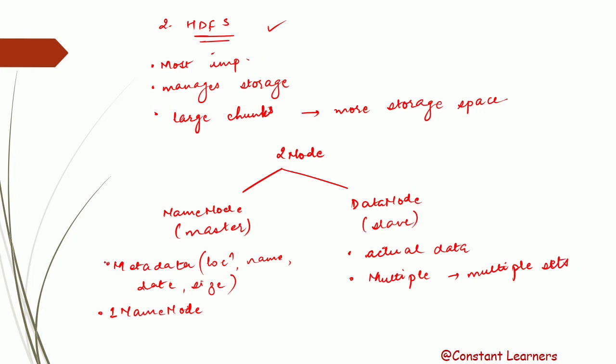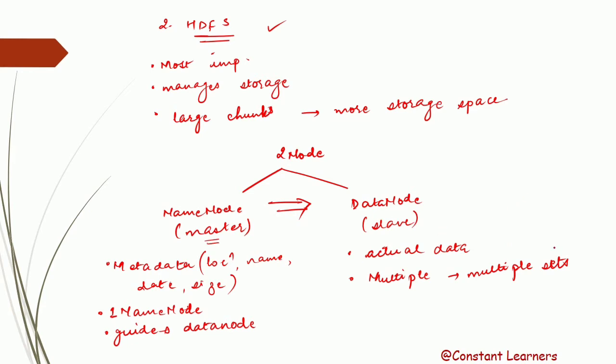Now this name node, why is it called a master? Because it guides the data node. What guidance does it give? What kind of operation is being performed on the data, whether the data has to be changed, replaced, replicated, created, deleted. All of this guidance or information is given by the name node to the data node, and that is why name node is known as the master and data node is known as the slave.